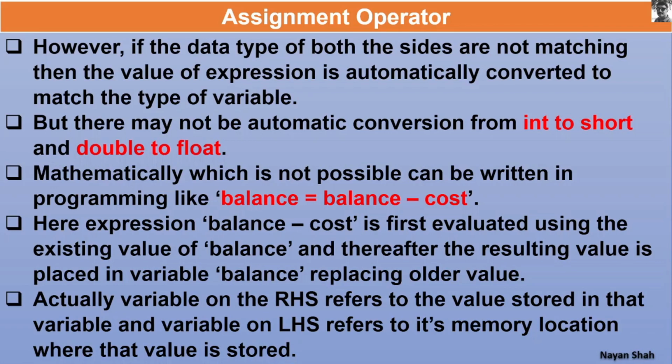So that is why in a computer this is possible, but mathematically this cannot be proved. The balance on the left hand side refers to the memory location of the variable balance, and the balance on the right hand side refers to the value stored in the balance variable, and that is why this is possible.